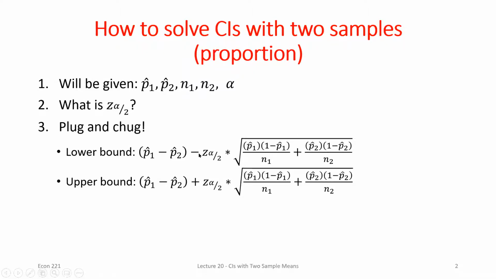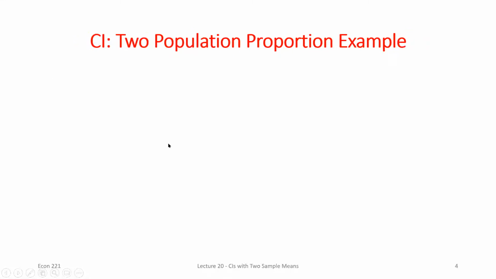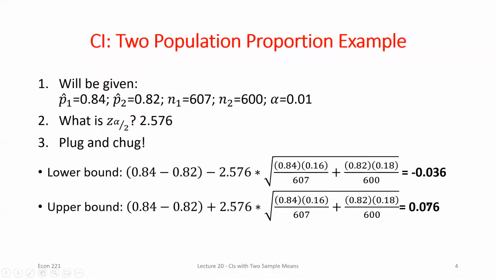Okay. So the example that we were looking at, it was like 84% of people in 2011, 82% in 2010 were in favor of healthcare coverage for everyone, and they had slightly different sample sizes, and we could build the confidence interval for what that true difference was. I think we worked through this last class, and we ended up finding it was negative 0.03 to 0.07.